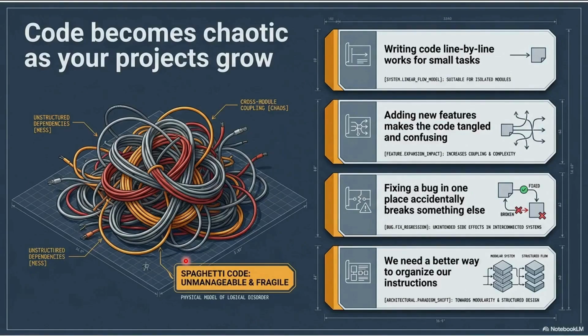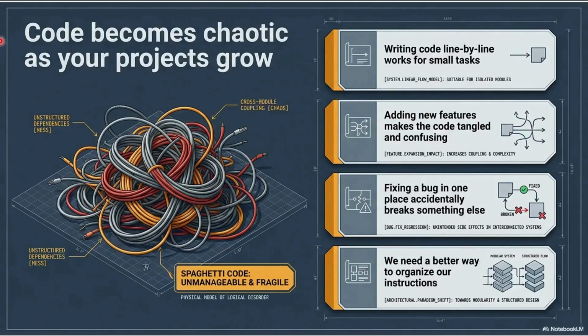In traditional coding, we mostly maintain a lot of code in a particular file, and there is no concept of OOPS in it. It becomes chaotic and a lot of mess. Over here we call this spaghetti code, that is unmanageable and fragile.